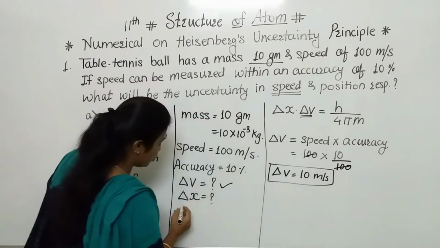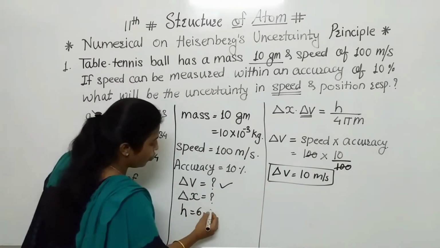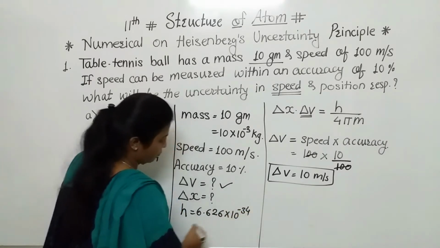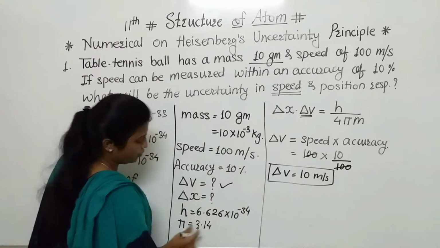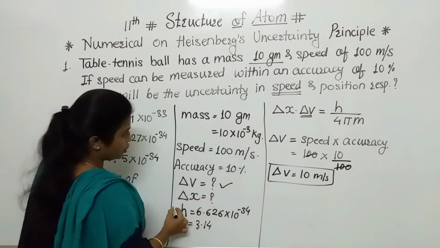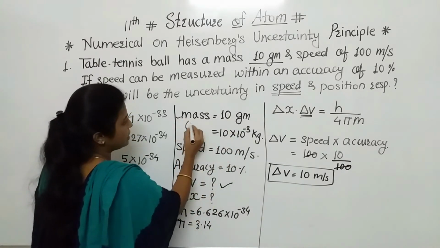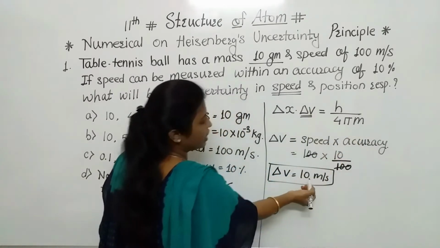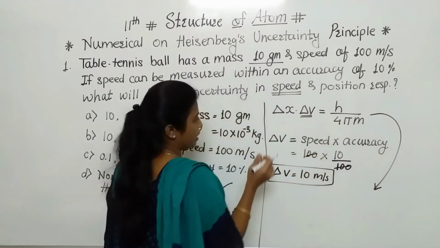Now as we know that h is the Planck's constant, its value is 6.626 into 10 raised to minus 34. And as we know the value of pi is equal to 3.14. So here h is with us, pi is also there, mass it is given, that is m. After that what we required, that is delta V, which we have calculated. Put all this given data in this formula.